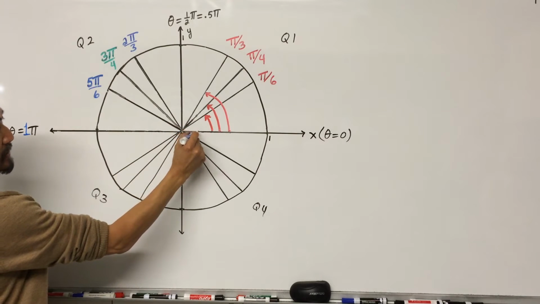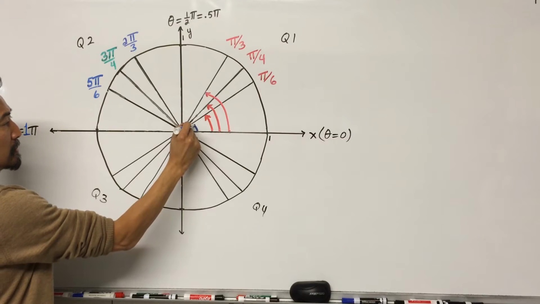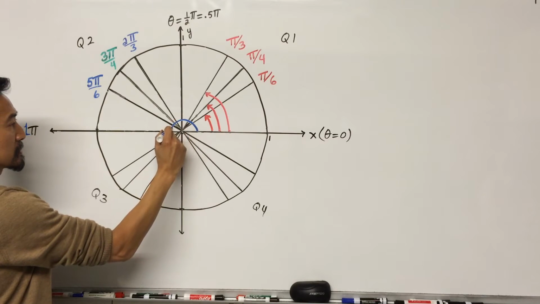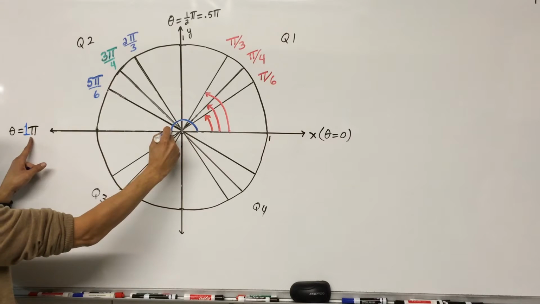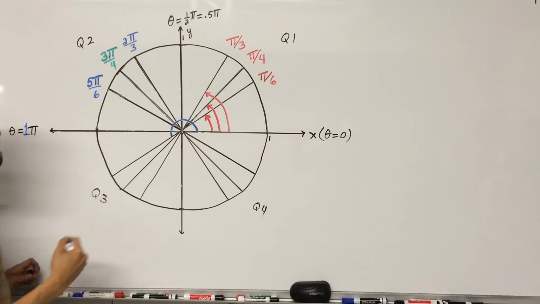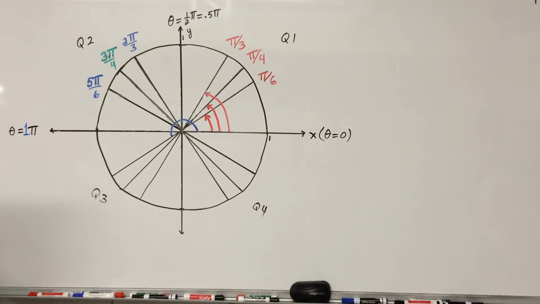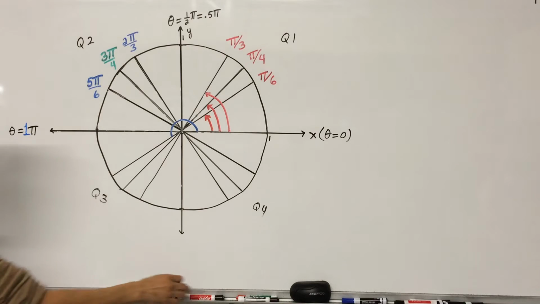Let's say that I, again, start at theta equals 0 radians, and I rotate counterclockwise, all the way here to pi radians, but then I continue until I hit that little line segment there. Okay, so what is the measure of that blue angle?